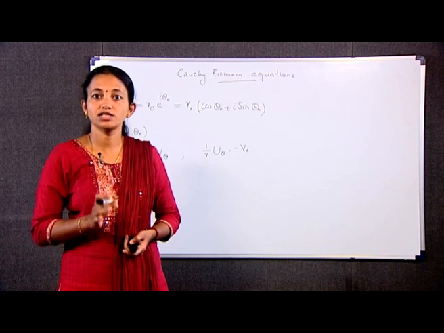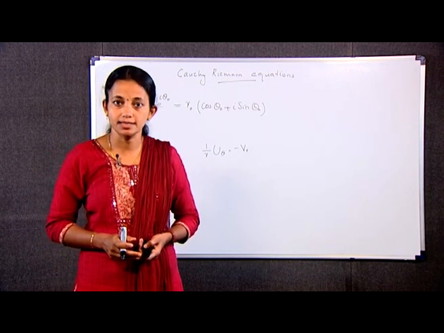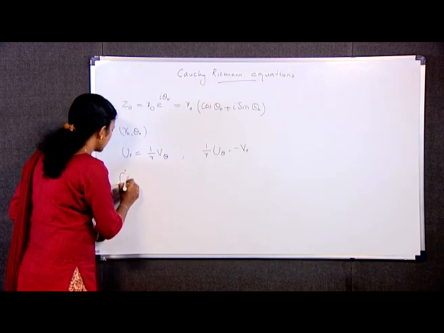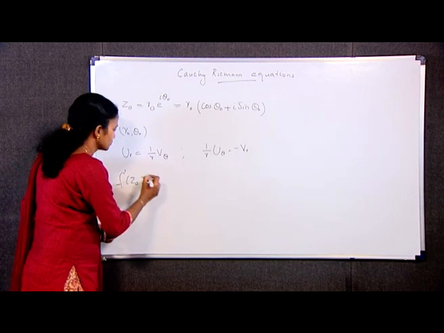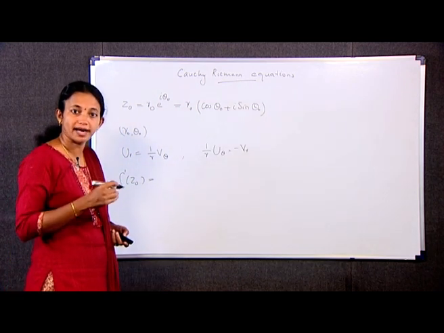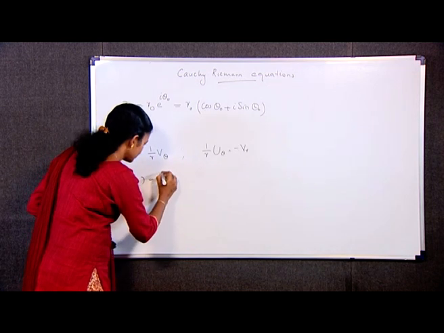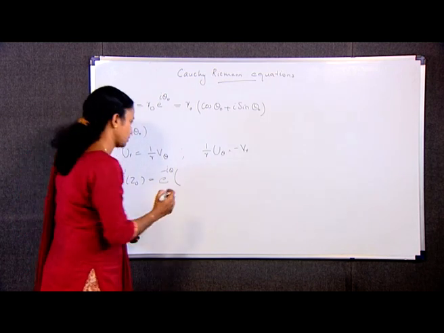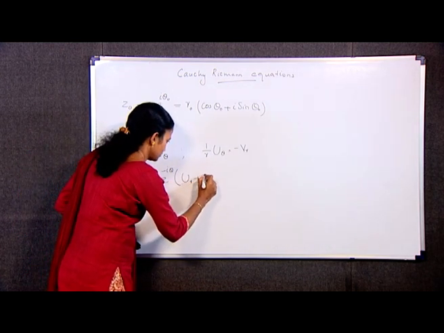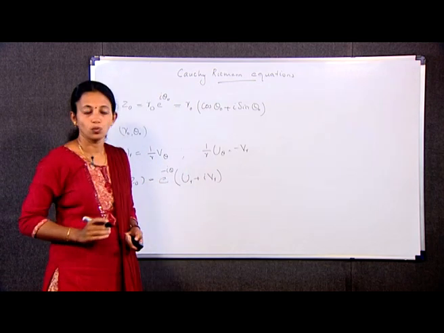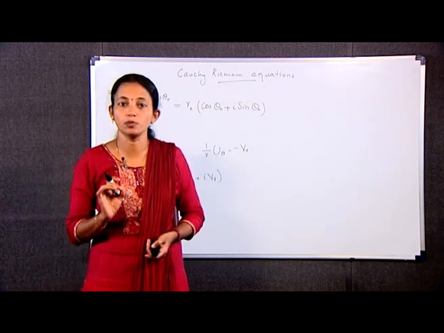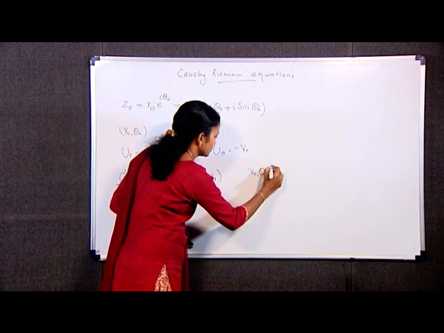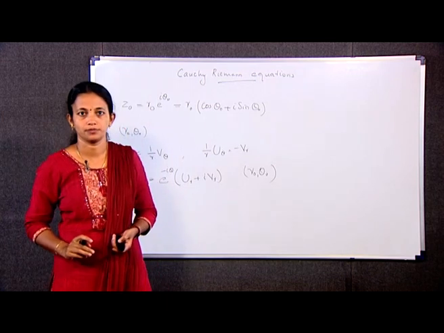Then the derivative f dash z naught exists and its value is given by f dash z naught is equal to e raised to minus i theta into u r plus i v r, where the right hand side is to be evaluated at r naught theta naught.